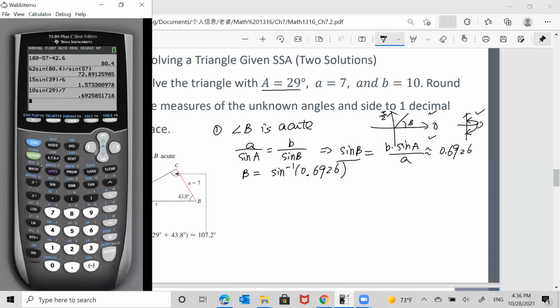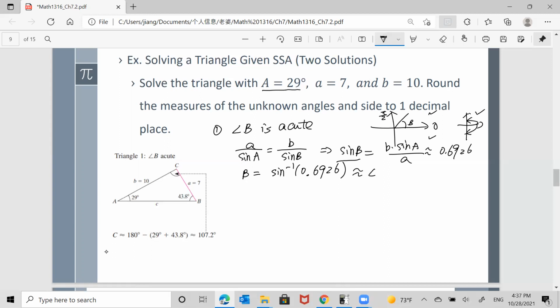So, second, sine inverse of 0.6926, and hit enter. Let's see what that acute angle is. It's about 43.8 degrees. So we have b and angle A, and we can find the angle C. Capital C equals 180 degrees minus 29, that's A, minus B, which is 43.8.